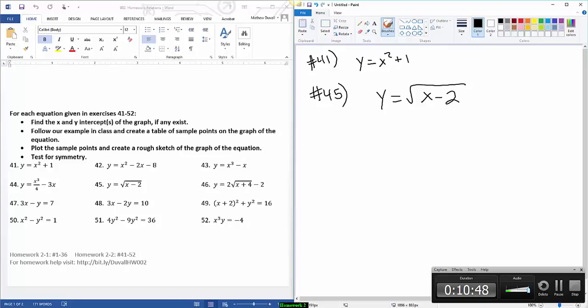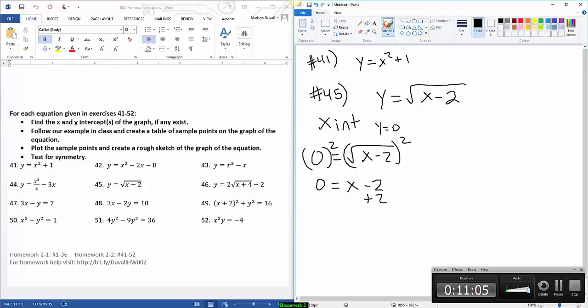To find the x-intercept, we have to say that y is 0. So I get 0 equals the square root of x minus 2. Square both sides, and I get 0 equals x minus 2. Add 2 to both sides, 2 equals x. So my x-intercept is (2, 0).